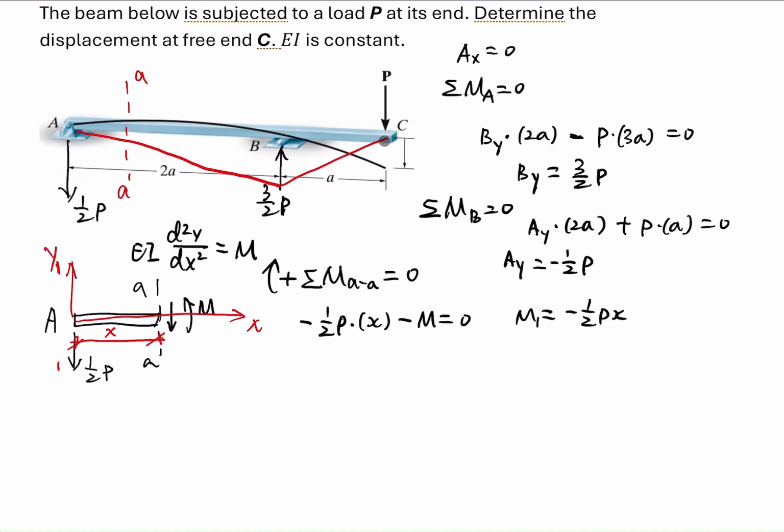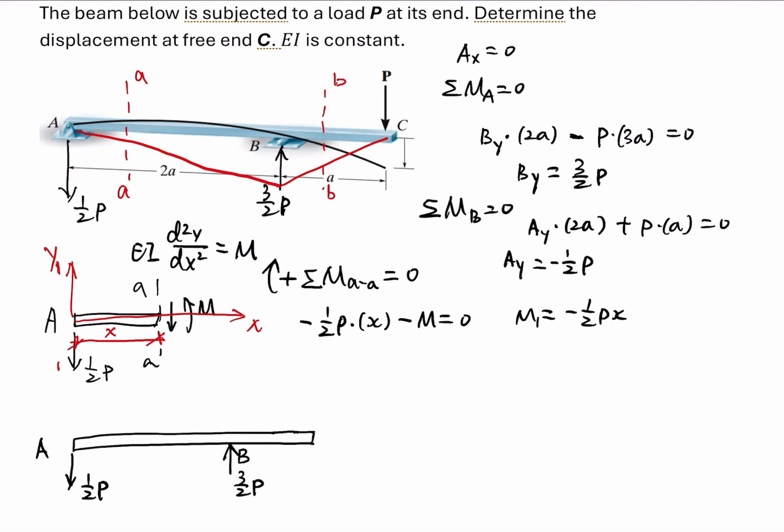For BC, similarly, we arbitrarily cut a section. Say this section is B to B. For this cut, we need to draw the free body diagram as well, shown here. We have support A and support B, at support A the reaction force 1 over 2 P going downwards, and at support B we have 3 over 2 P going upwards.